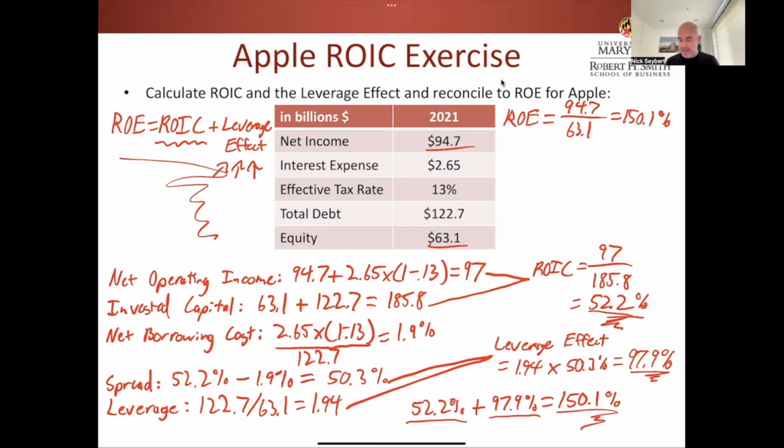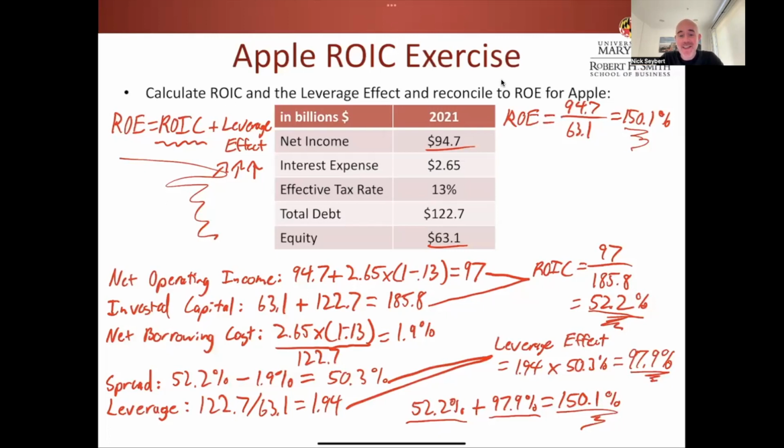Okay. So this whole advanced DuPont analysis is just a way of breaking down the company. You might just calculate ROE and you get 150.1%, and you're like, wow, that's amazing. How in the hell did they do that? Right. And so this advanced DuPont analysis just breaks it down and says, for Apple, they're just super amazing. I mean, you can hate Apple, but they're super amazing in generating returns. So the answer is, well, they have a 52.2% core return.